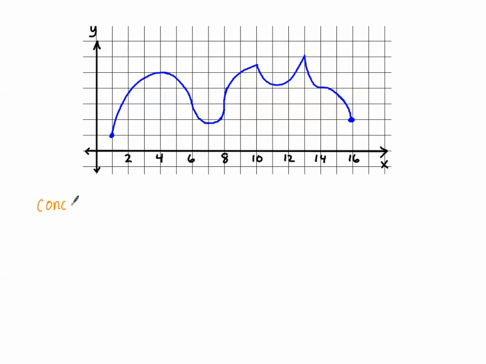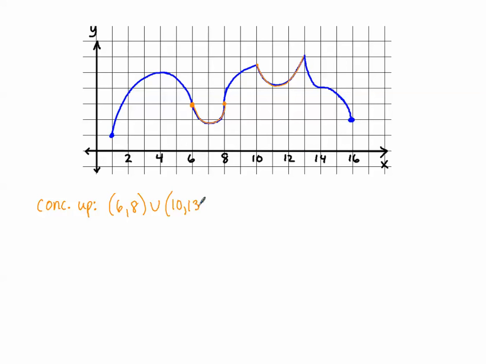So concave upward, on what intervals do we see that? It looks like, and we're going to estimate, from about 6 to about 8. It looks like concave upward, so 6 to 8. Union, so I find another interval, looks like here, from about 10 to about 13, 10 to 13.